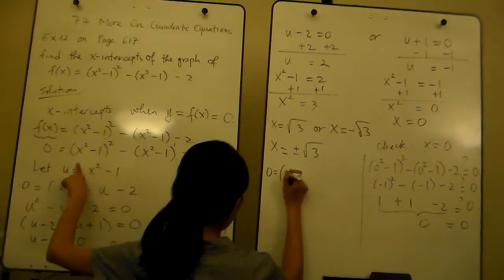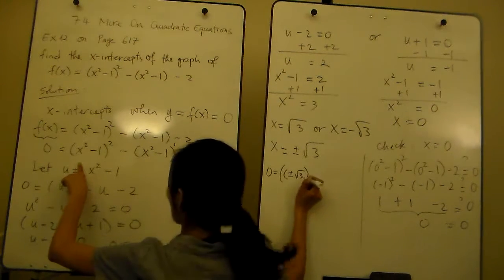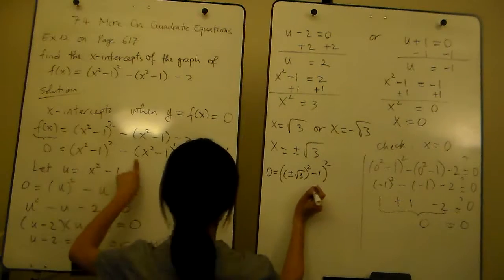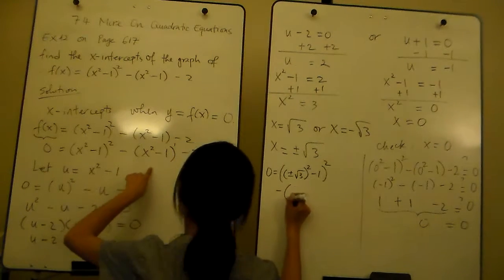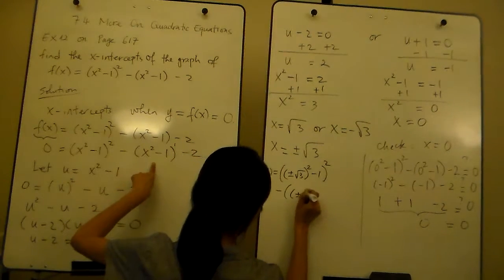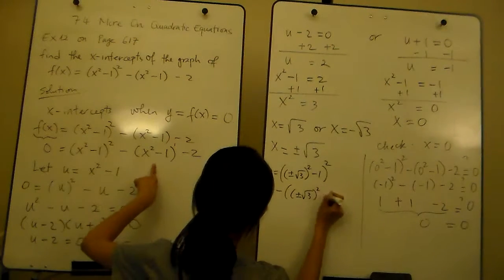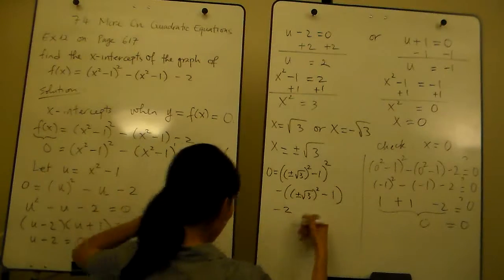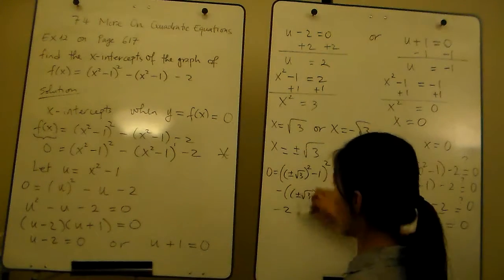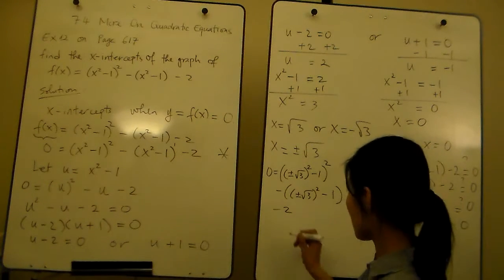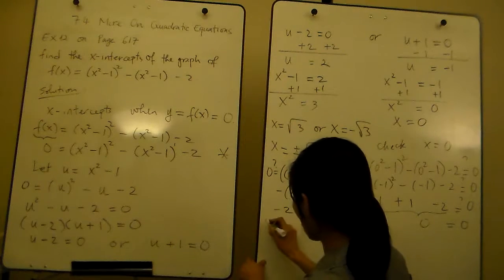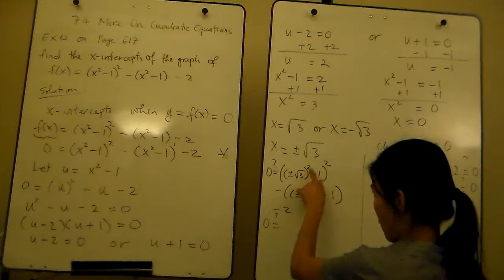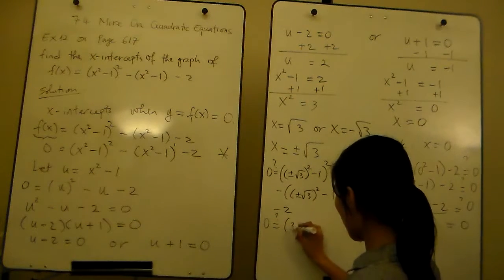So plus or minus square root of 3, you square it, minus 1, square it, subtract plus or minus square root of 3, you square it, minus 1, and it subtracts 2 here. I'm going to write out the space, so I'm right by row, okay? So simplify, and is it 0 here? This, you square it, is equal to 3.